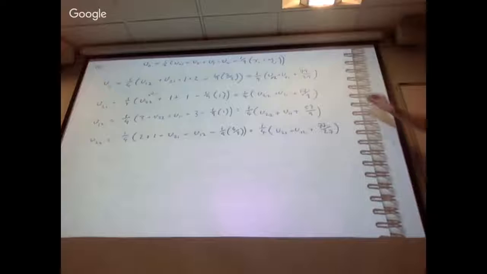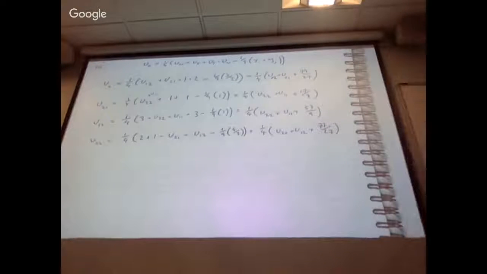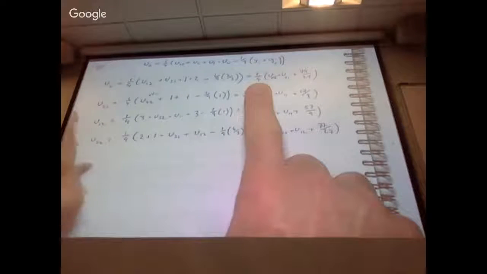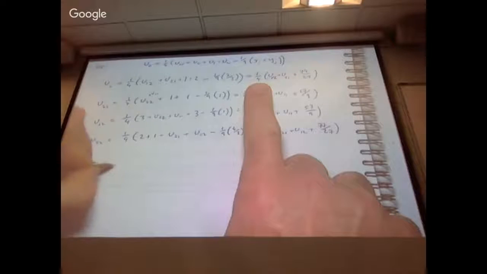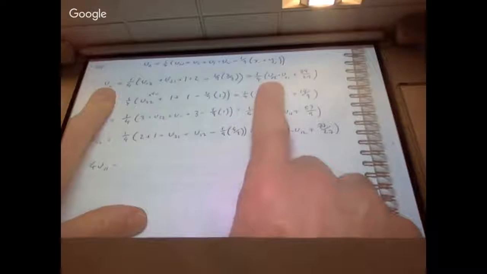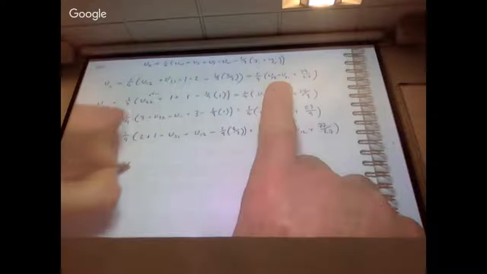So we've got 4 equations. Okay, what I'm now going to do is rearrange these equations so that all the unknown u values are on the left. So the first one, I multiply by 4 to start with. I'm going to have 4 times u11, and then I have to subtract u12 and u21.